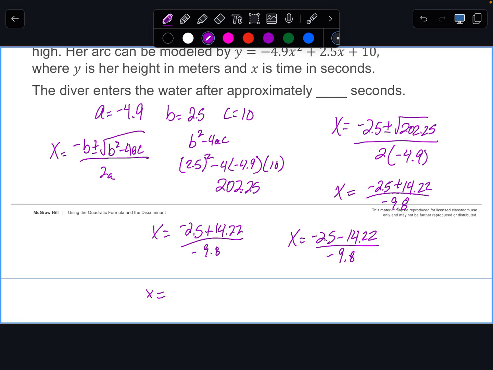So I get negative 1.20 seconds and x equals 1.71, sorry.